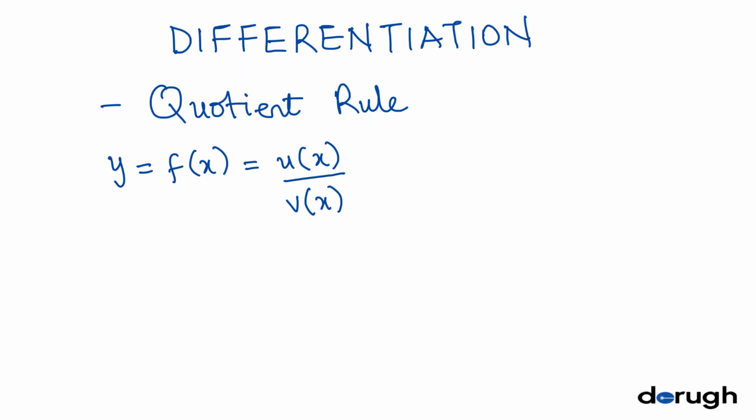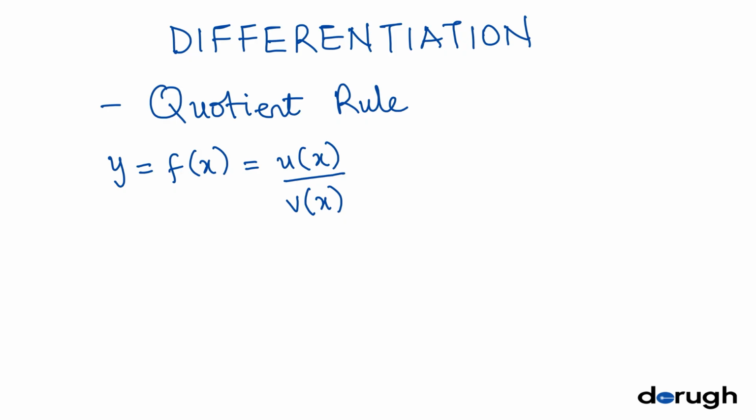In this video, we will look at the quotient rule of differentiation. We use the quotient rule when we have a function in the form f of x equals u of x over v of x, which means that one function is being divided by another function.